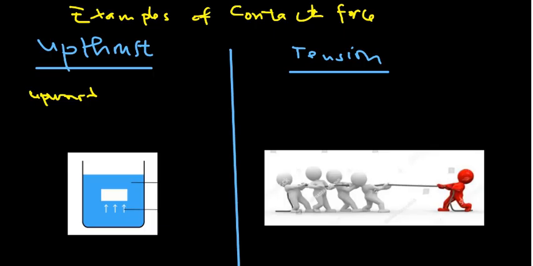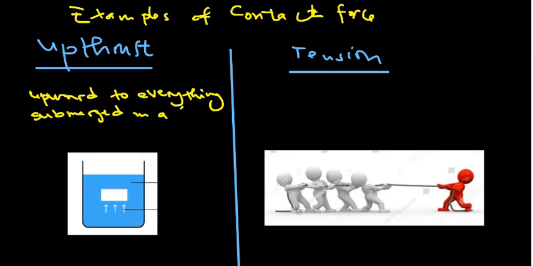Yeah, then as we try to understand these different examples of contact force, we have upthrust force, which is an upward force on everything submerged in a fluid. Talking of fluid, you are talking about gases plus liquids.